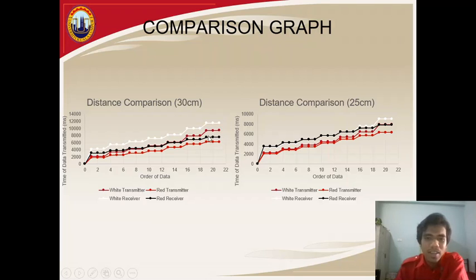What we can see is that when the data is being transmitted from the transmitter, the receiver will follow the pattern from the transmitter, which is maybe slightly off by 1 second, I guess.